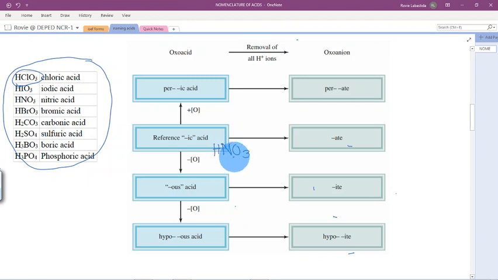Since it is an -ic acid, this is named nitric acid. If I remove one oxygen atom from the formula, it will become HNO2. What is the name of this acid? From -ic acid, it will become an -ous acid. Therefore, the name will be nitrous acid.